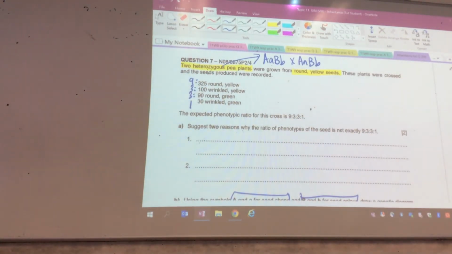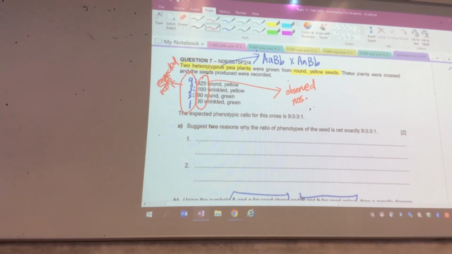If you do a chi-square test, this is called the expected ratio. Over here, what do you call this? This is called the observed numbers.